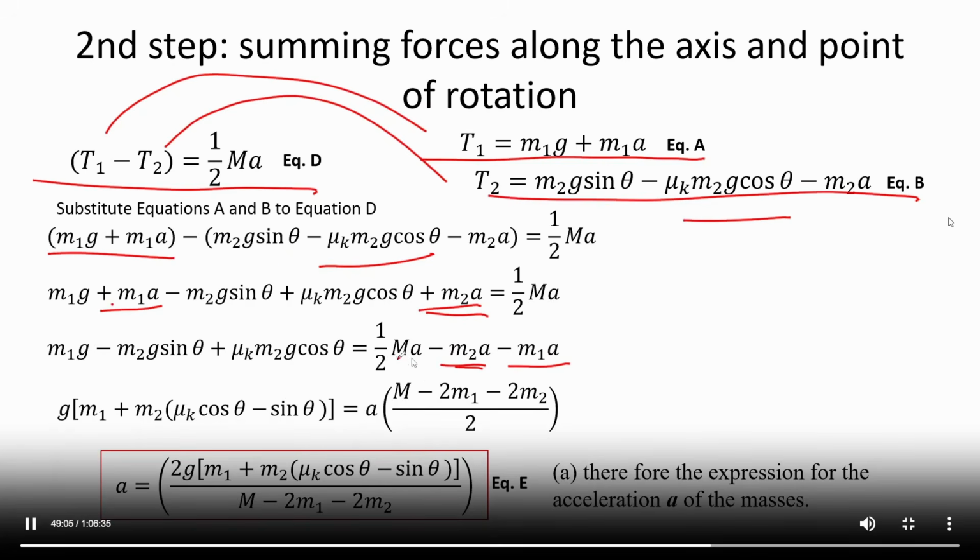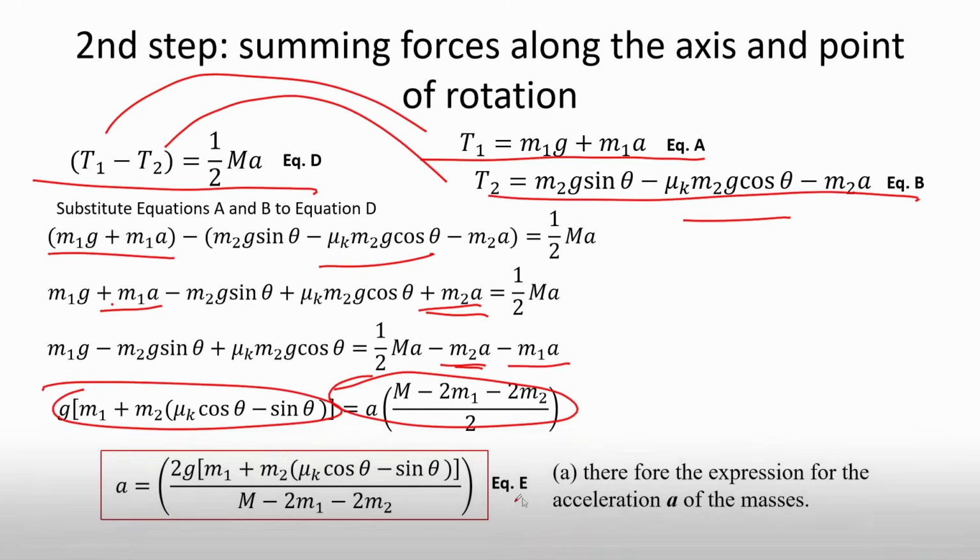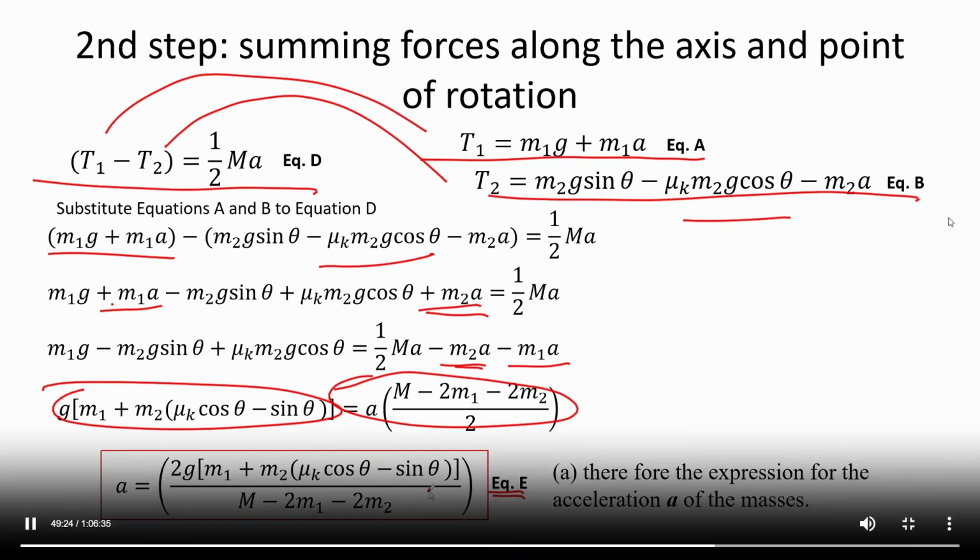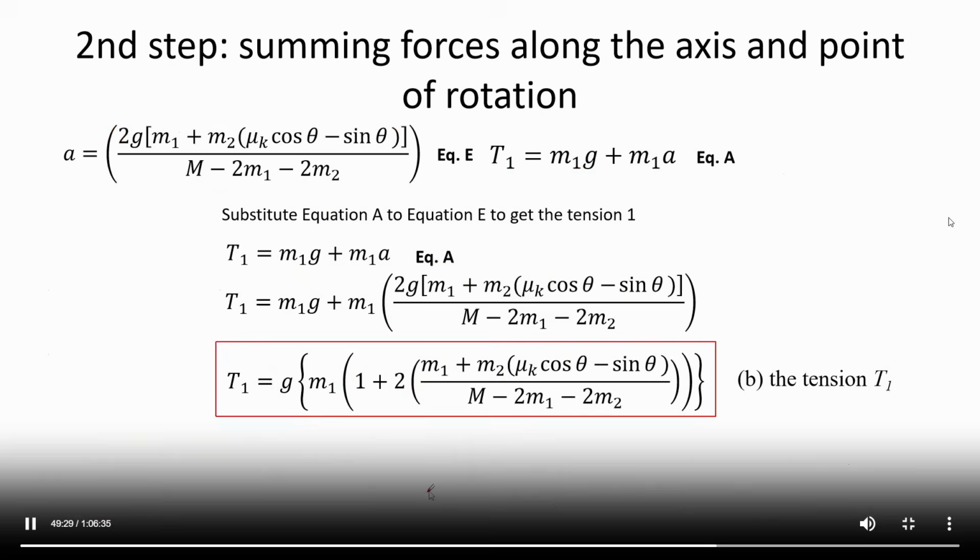We factor out the a. So you have m, and this 1/2 cancels, which gives you this equation here. And we factor out g. So the acceleration a is equal to this equation here. Call this equation E. Please double check, class, but you get the flow.